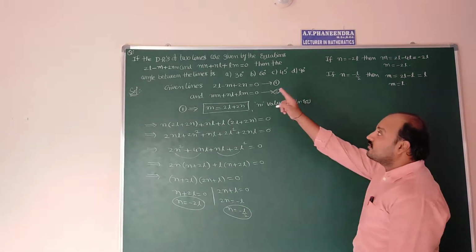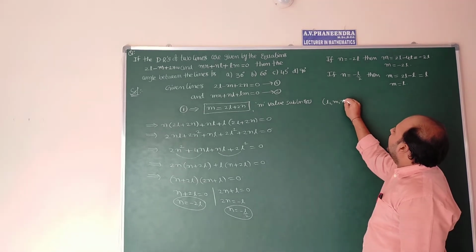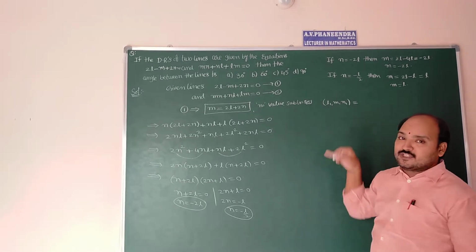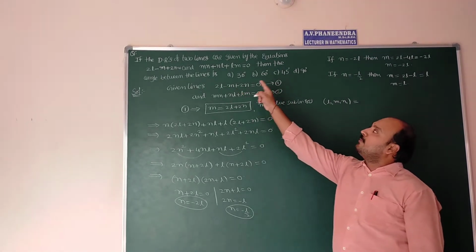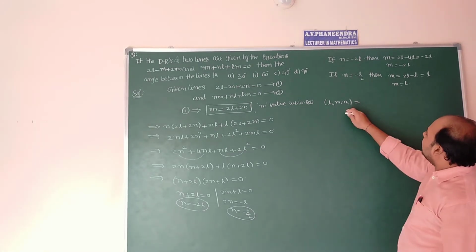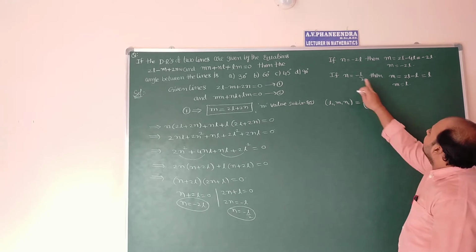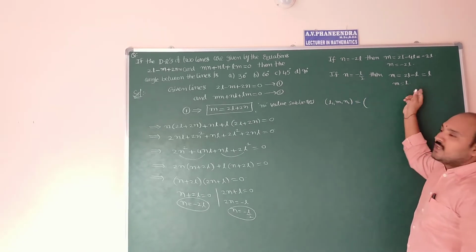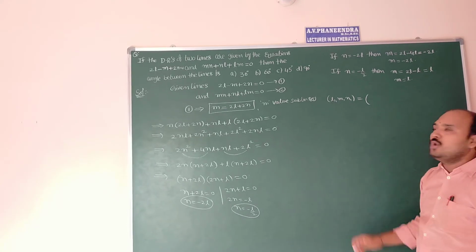Now, the DRs of the first line are L1, M1, N1. Generally LMN are denoted by direction cosines, but according to the problem, LMN relation equation, so DRs are L1, M1, N1. We observe that here N in terms of L, M in terms of L is there, so L1, M1, N1 in terms of L only we have to write.